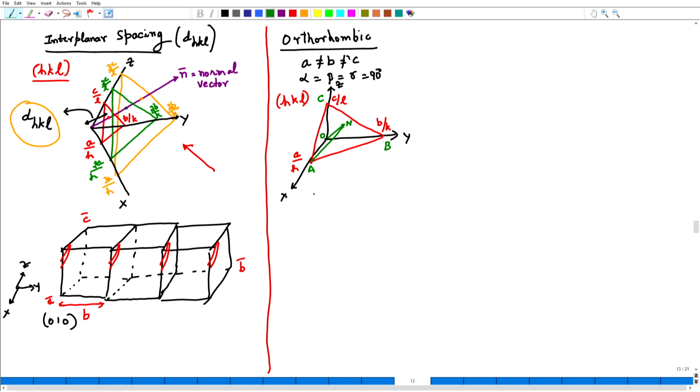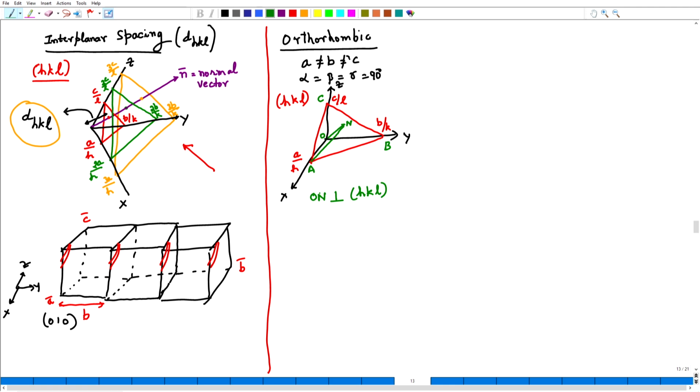So, ON is perpendicular to the plane HKL, that is the way I have drawn it, and I need to find the length of ON, which will give me the interplanar spacing.